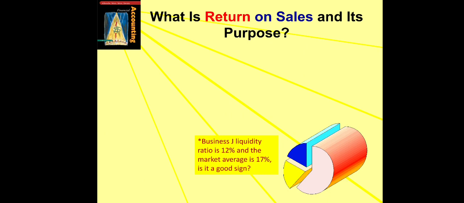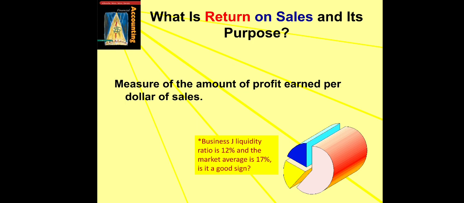Okay, the third ratio that you have to know is the return on sales ratio. Return on sales ratio is a measure of the amount of profit earned per dollar of sales.